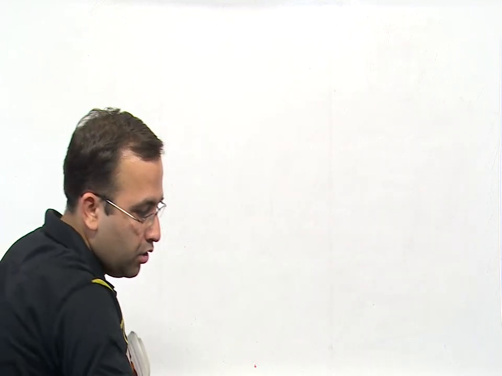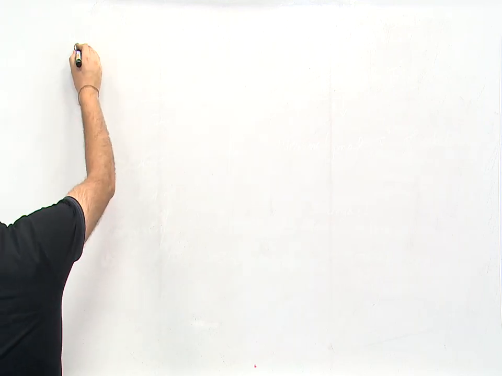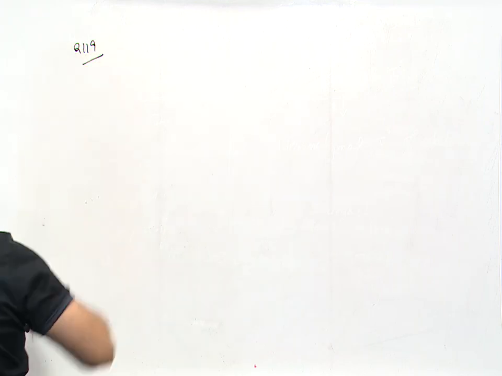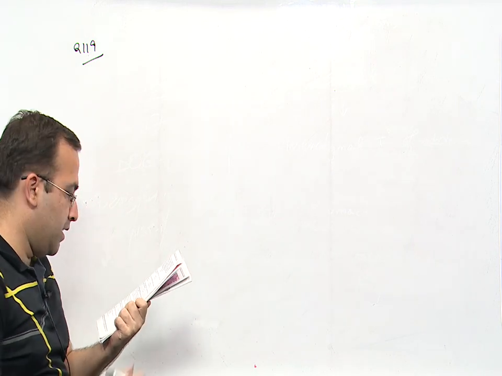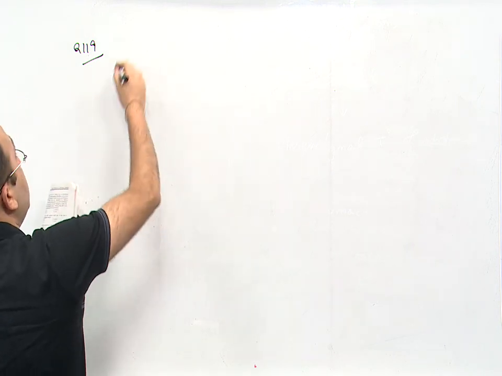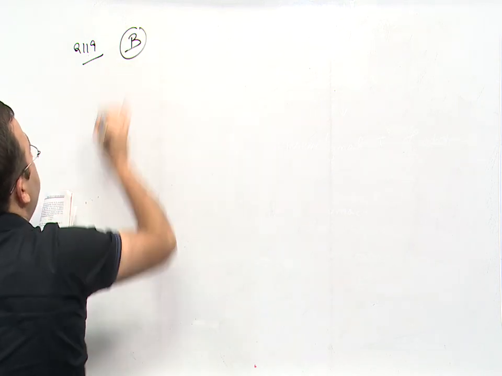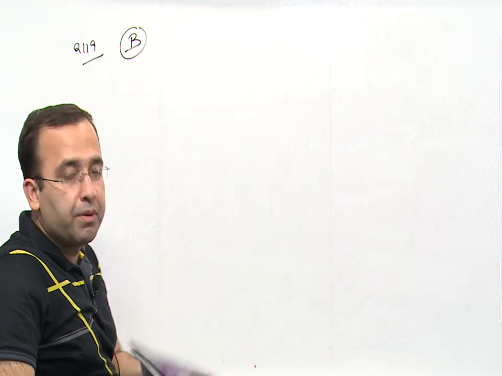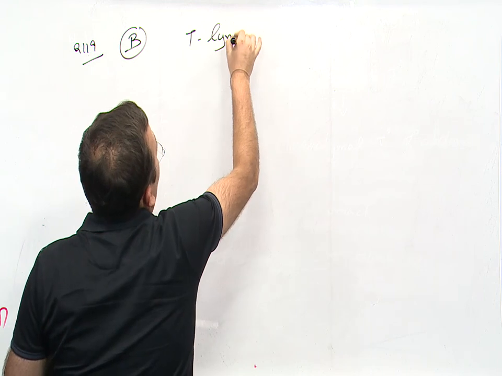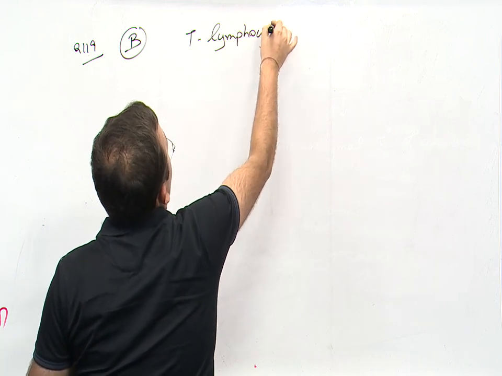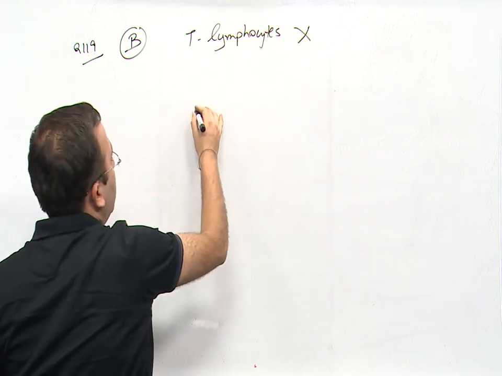Next, question 119. All are true about hairy cell leukemia except. This is extremely easy, the answer is B. They result from expansion of neoplastic T lymphocytes. They are not T lymphocytes. This is wrong.